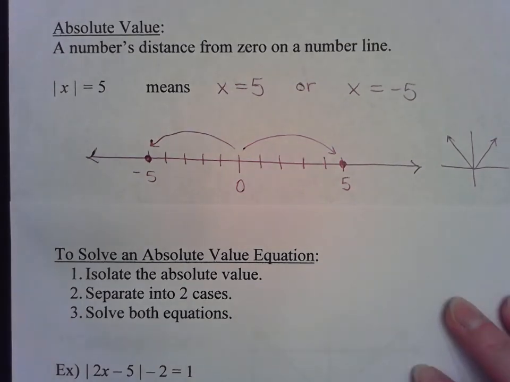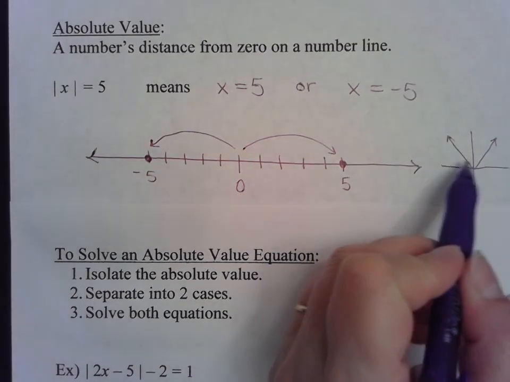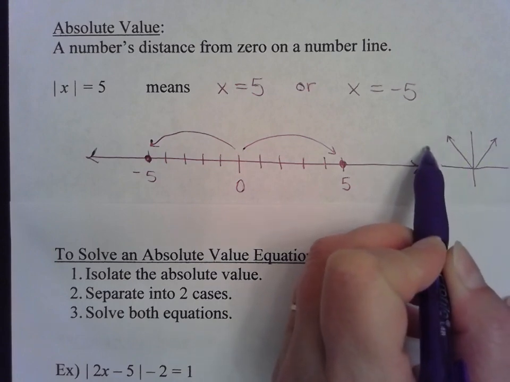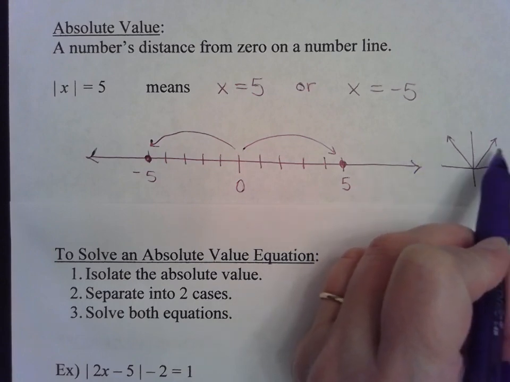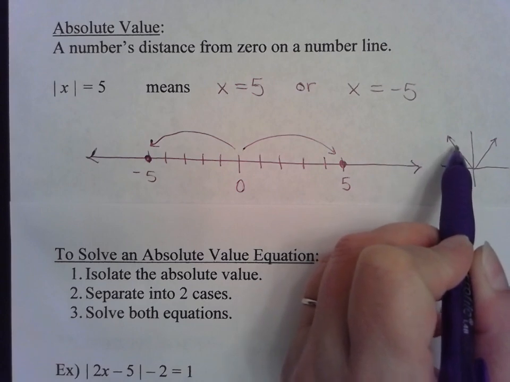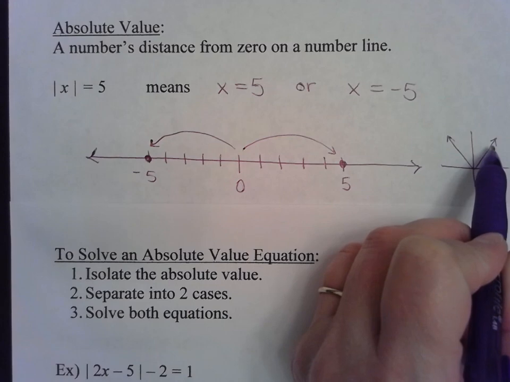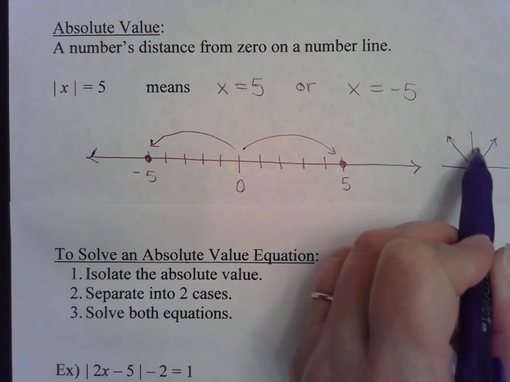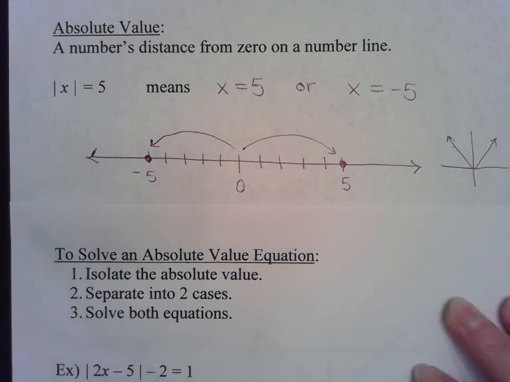And so when I'm looking horizontally at where the y value is 5 for this V, if I drew a horizontal line, I would hit the V in two places, right? And if I were talking about 5, this would be at negative 5 and at positive 5. So those two answers that we get are very much related to the two sides of the V.